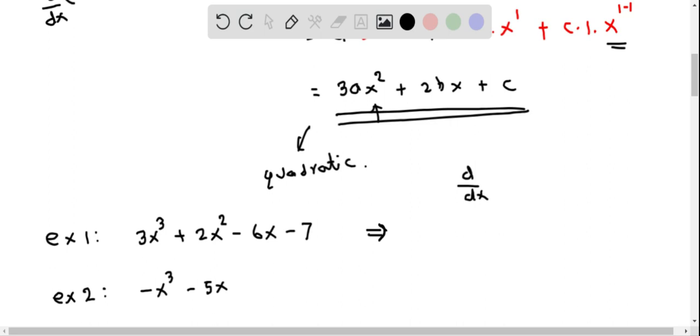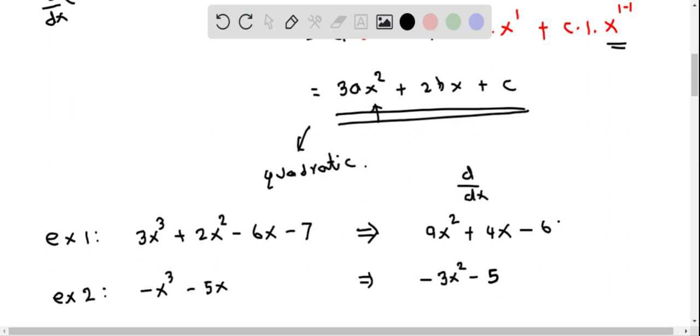So when I take the derivative of this polynomial, I apply the power rule as well as the constant multiple rule. So I'm going to get 9x squared plus 2 times x is 4x minus 6. So this is the derivative of this cubic polynomial, and the derivative of the other cubic polynomial is negative 3x squared minus 5.